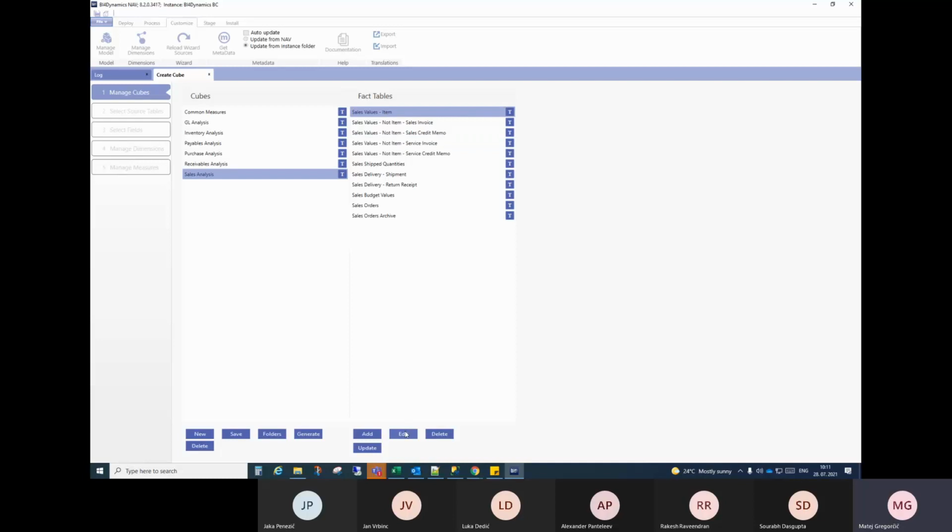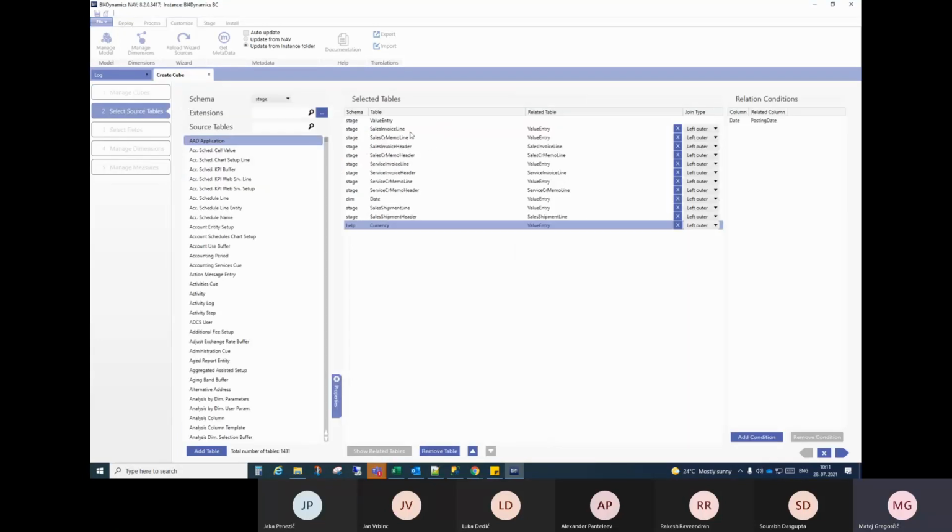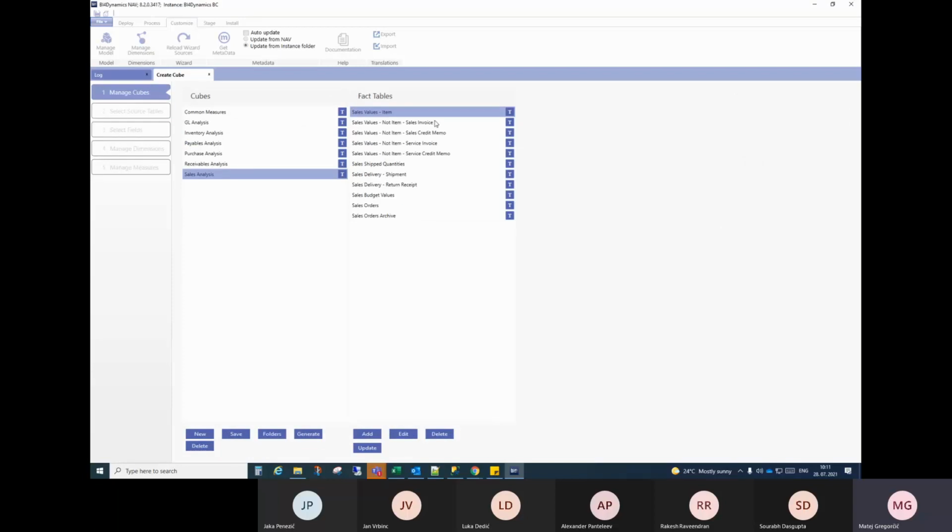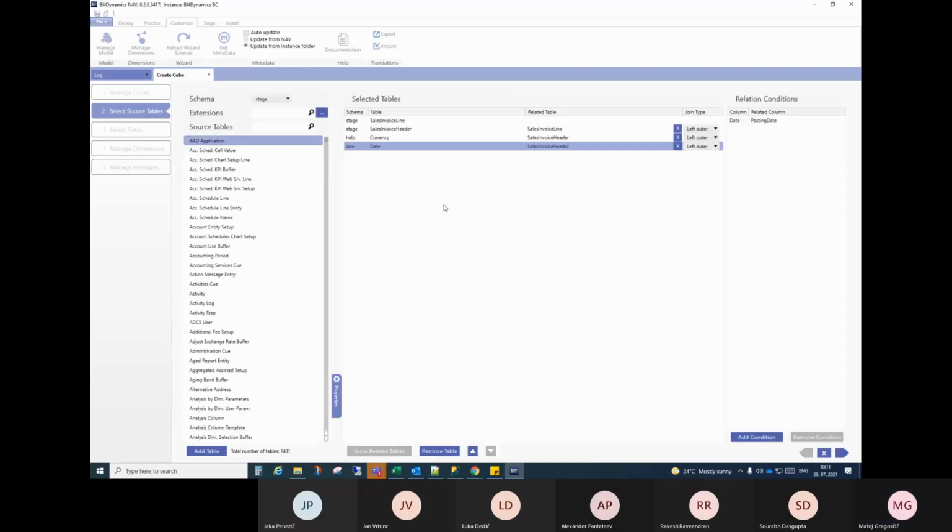Why? Because the lead table from where we get the information is different. When we sell items, that's all stored in value entry. And if we want to have a financial invoice, that is stored in sales invoice line or sales invoice header.